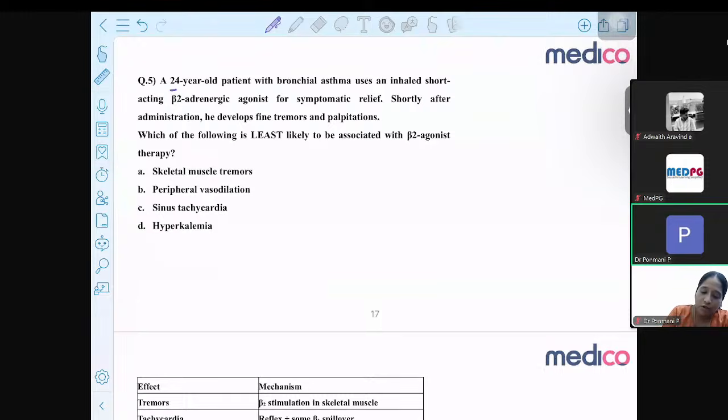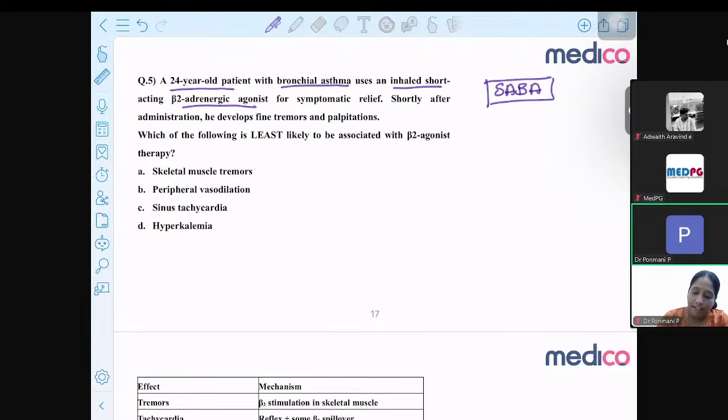A 24-year-old patient with bronchial asthma is on an inhaled beta-2 agonist for symptomatic relief. What have we understood till now? He is taking a SABA, short-acting beta agonist.